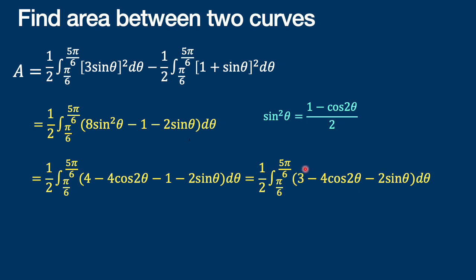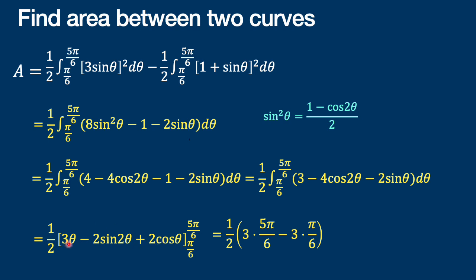Let's find the antiderivative of each term: 1/2 times 3 theta; 4 cosine 2 theta has antiderivative 2 sine 2 theta; and the antiderivative of sine is negative cosine theta, evaluated from pi over 6 to 5 pi over 6. When you plug in, the sine 2 times 5 pi over 6 minus sine 2 times pi over 6 cancel out.